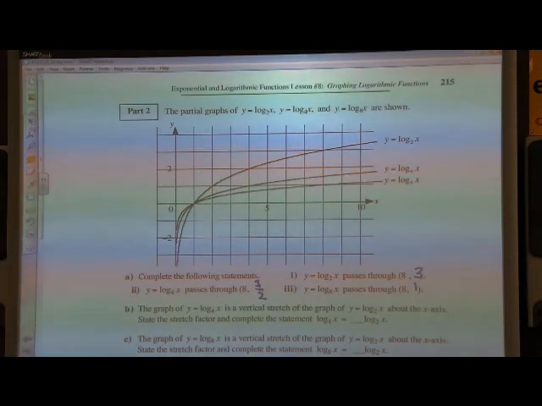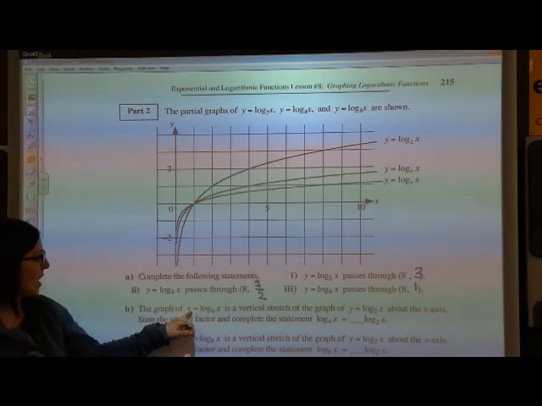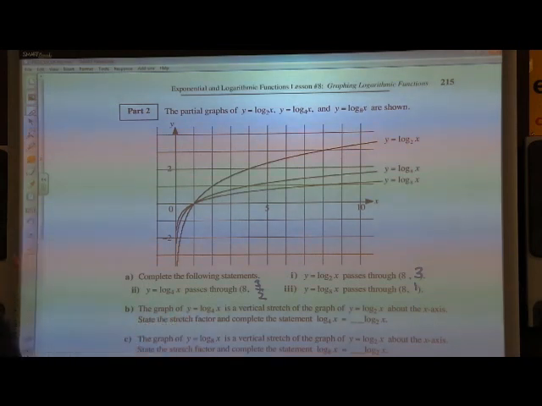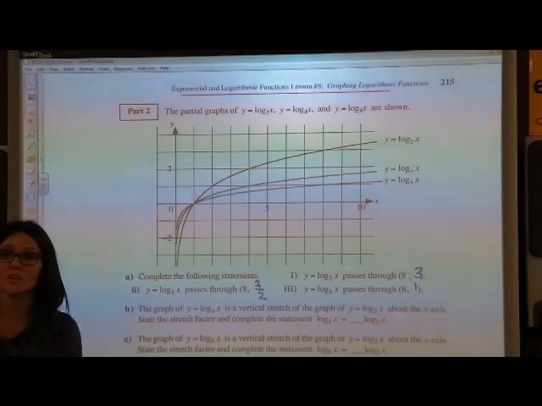So the graph of y equals log base 4 of x is a vertical stretch of the log base 2 of x. And the question is, what is the stretch factor?